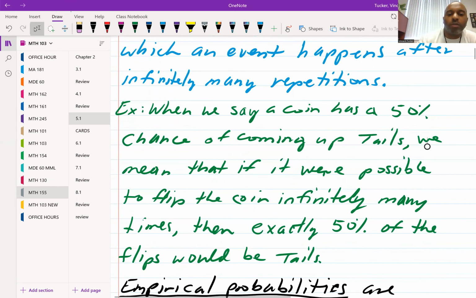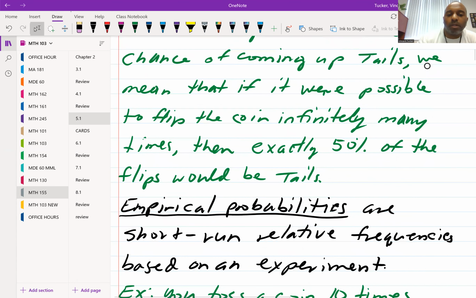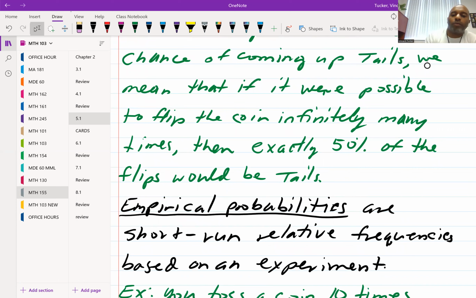All right, scrolling up some. All right, so empirical probabilities are short run relative frequencies based on an experiment.